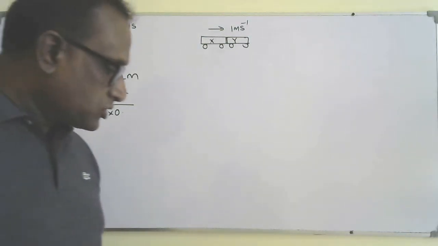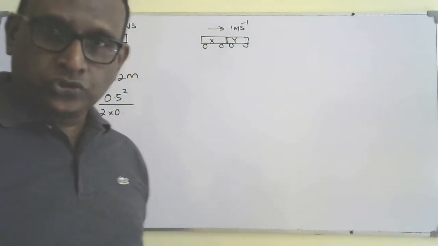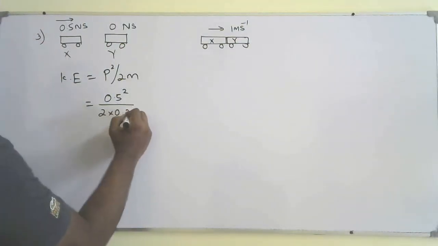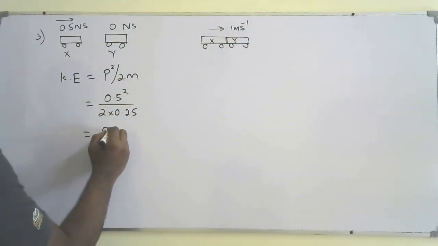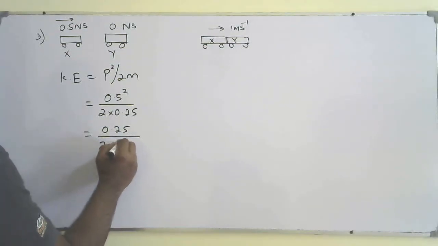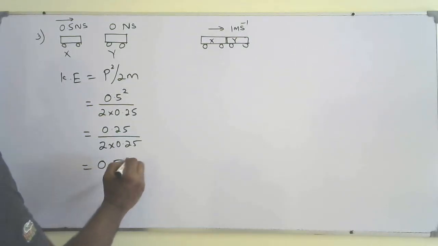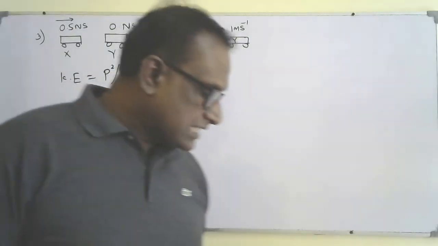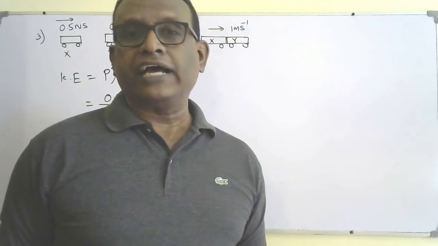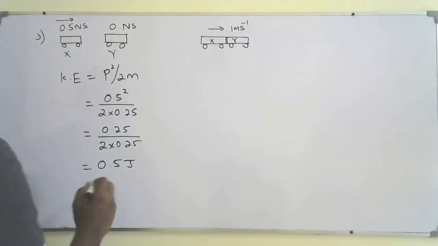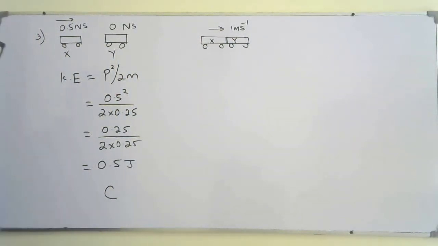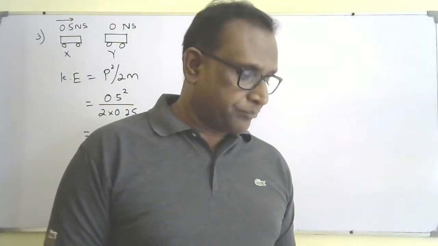Mass given, mass of each trolley is 0.25. So the kinetic energy of trolley X before collision is 0.5 joule. Correct answer, C. Question number 3, correct answer, C.